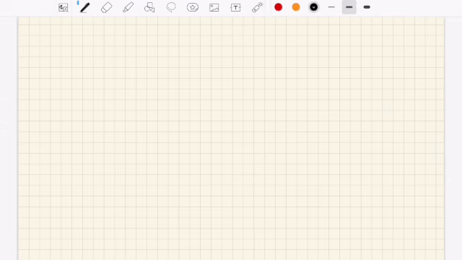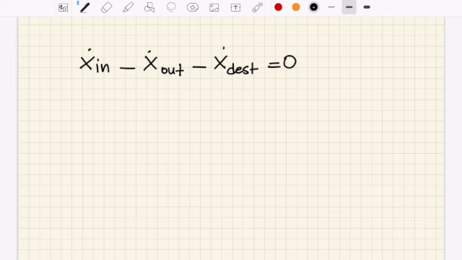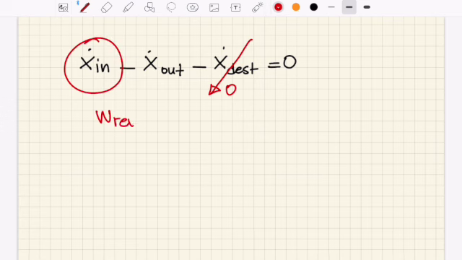The exergy balance tells us the rate of exergy getting in minus the rate of exergy getting out minus the rate of exergy destroyed is equal to 0 for a steady flow device. If we set the exergy destroyed to 0, this exergy input automatically becomes the reversible input, or the minimum power input required in this pump.